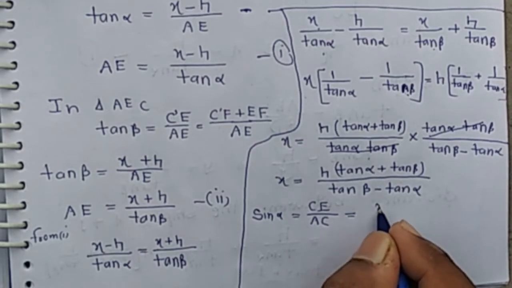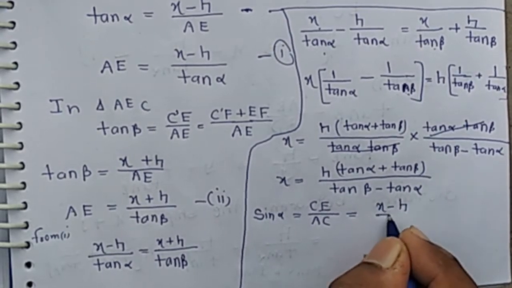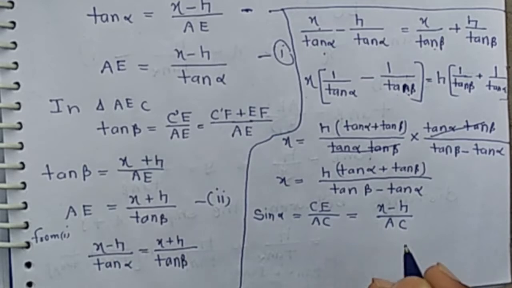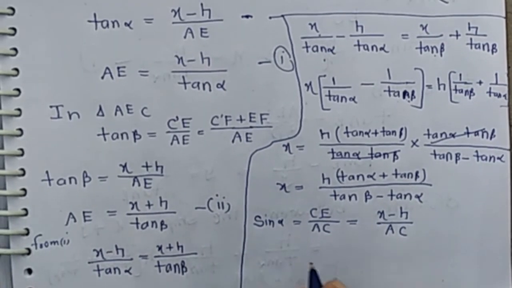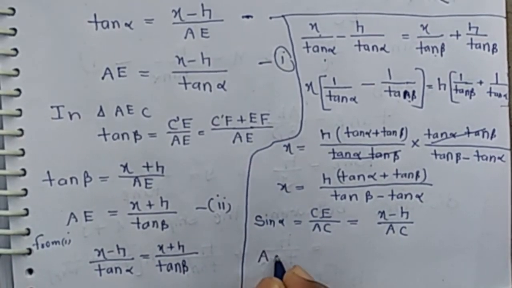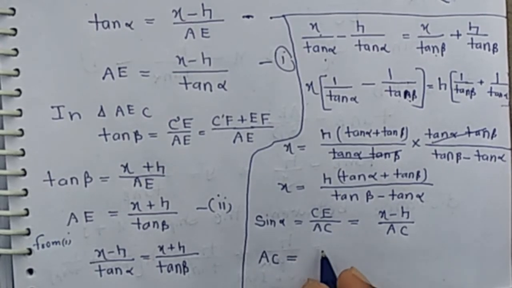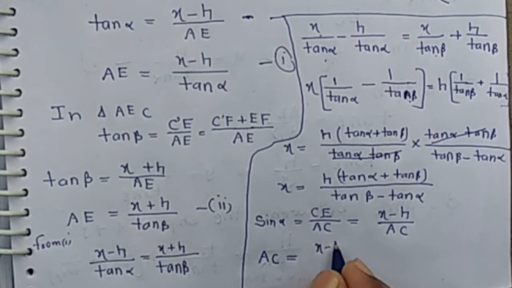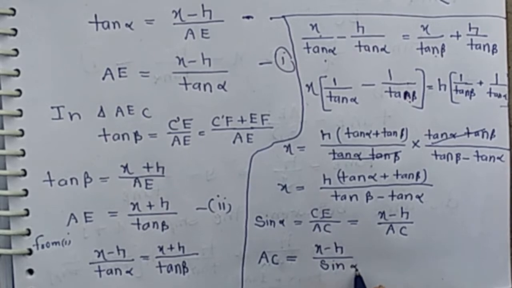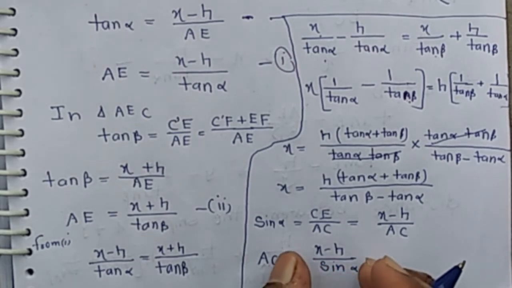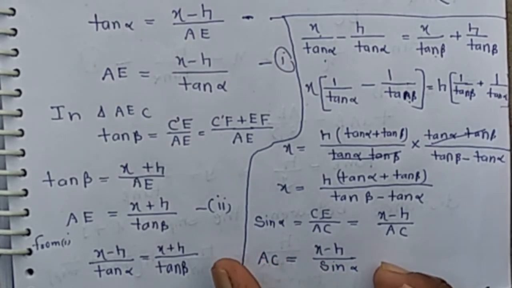CE is X minus H and AC is unknown. Then AC is given by AC equal X minus H by sin alpha. Now we have to find the value of X minus H and put it in this equation.